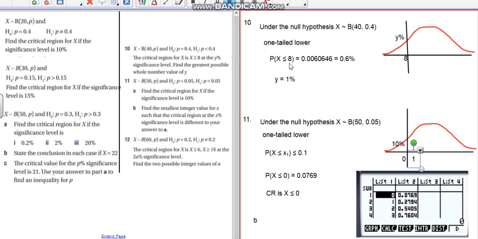So we need to look at the probability of being less than or equal to 8, and that's 0.6, and we need the whole number, so the greatest whole number value is 1%, for 8 still to be in the critical region.